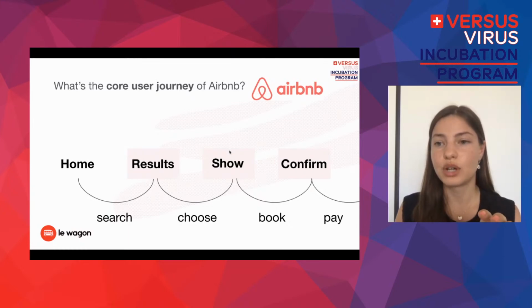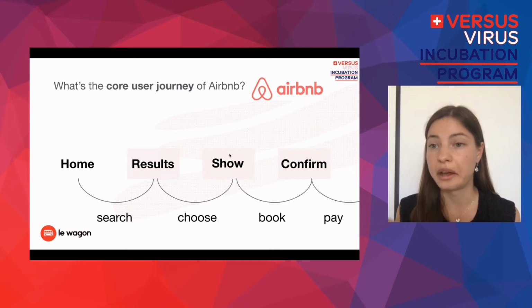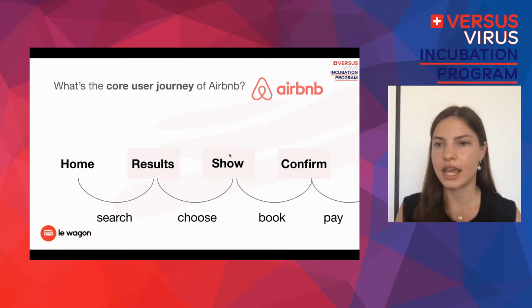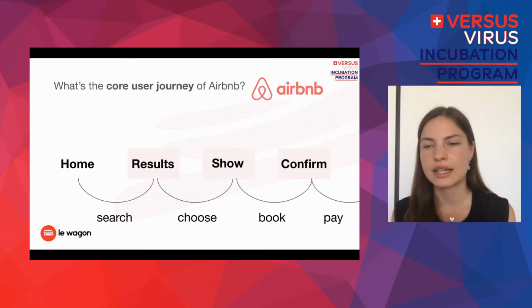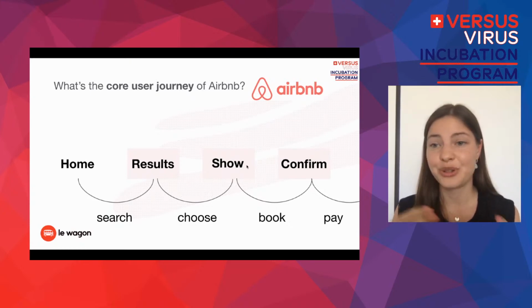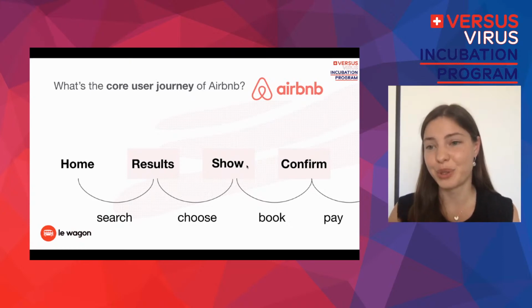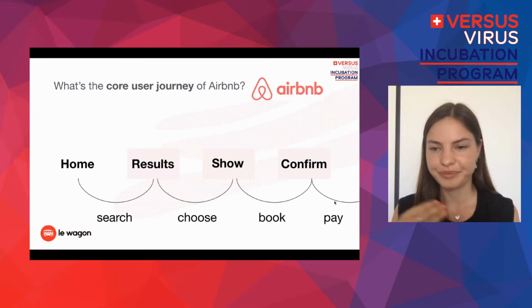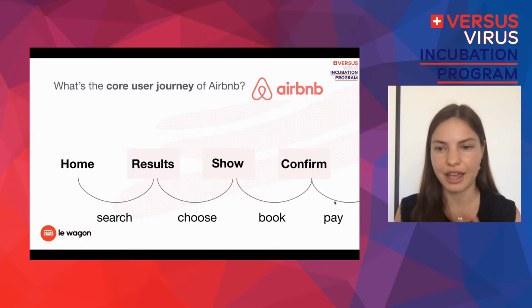And then you click on the flat that you find the most relevant, and you will have a show page of that flat with details of when it's available, the price, the different reviews on that flat. And once you're happy, there's usually a big button to book this place, and that's the confirmation page where you're able to book and confirm it.